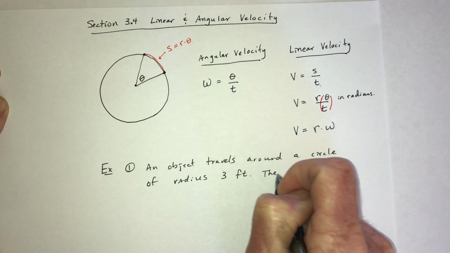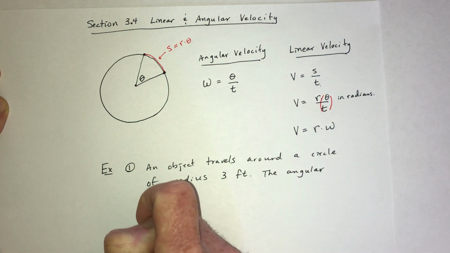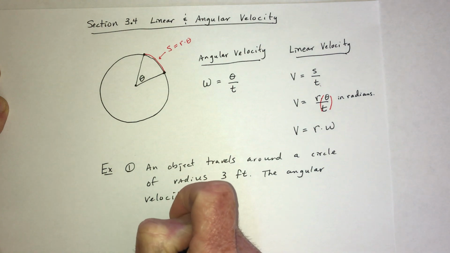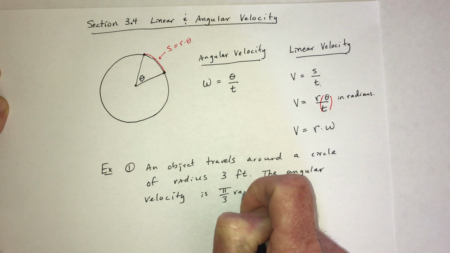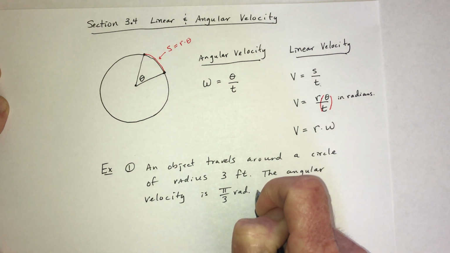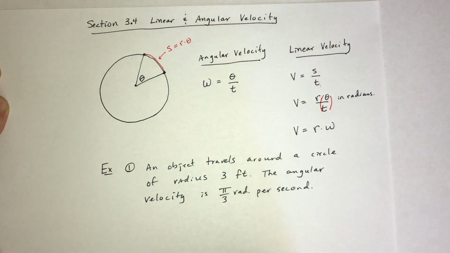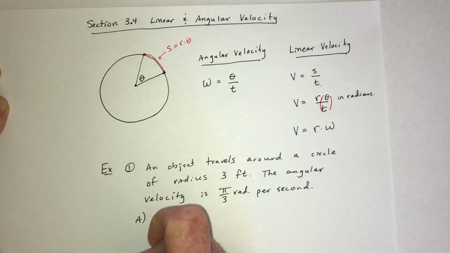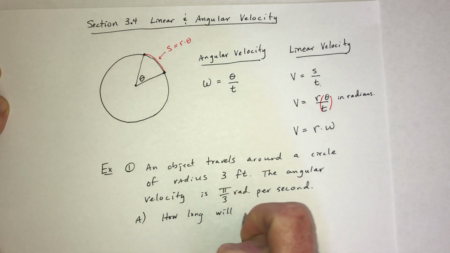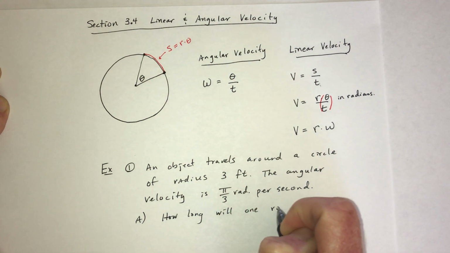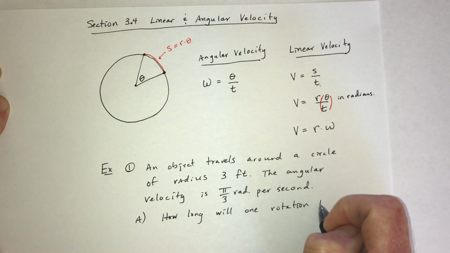And then the angular velocity is pi over 3 radians per second. So how long will one rotation take?